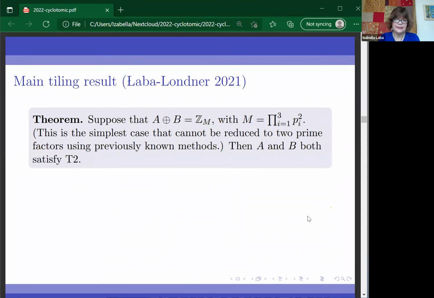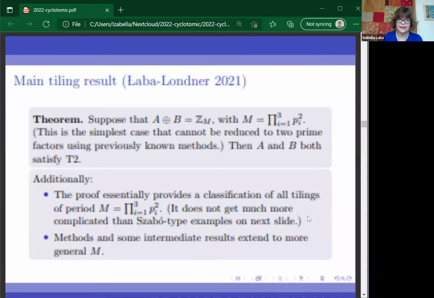The result that I proved with Itay Londner last year is that if the tiling period is P1, P2, P3 squared, and that's the simplest case that cannot be reduced to prime factors using subgroup reductions, then A and B both have to satisfy that condition.